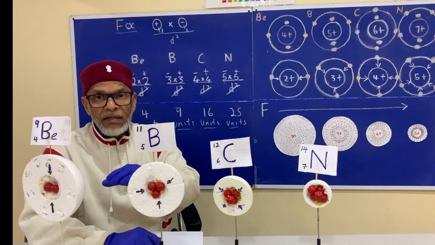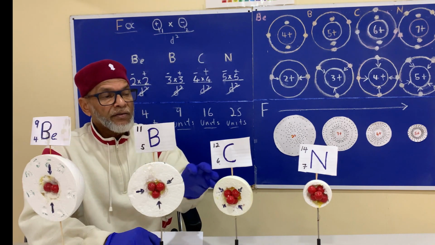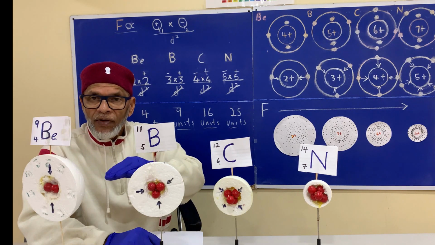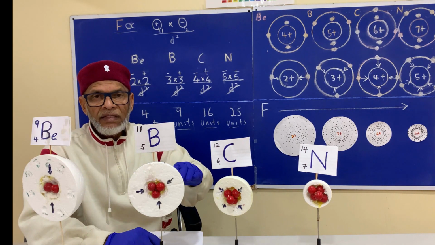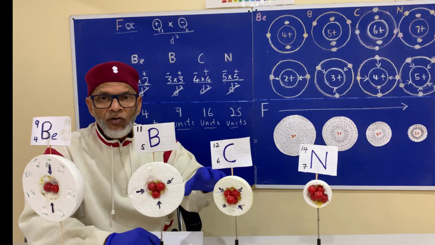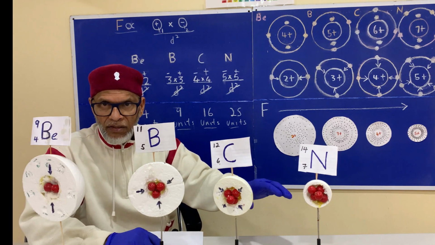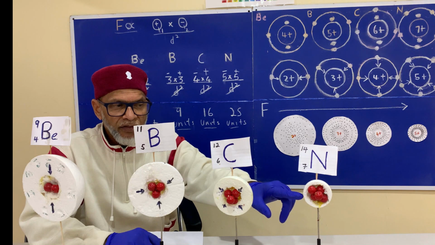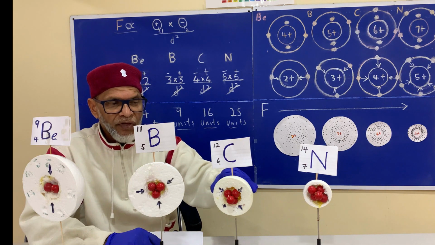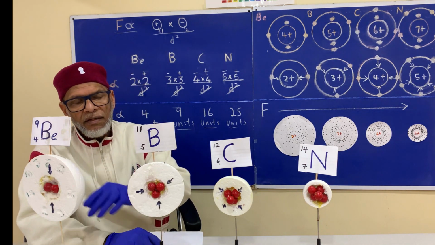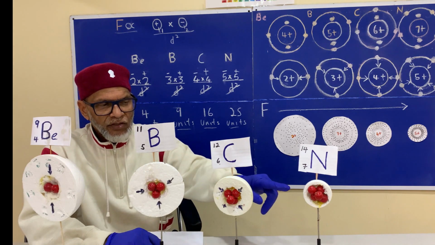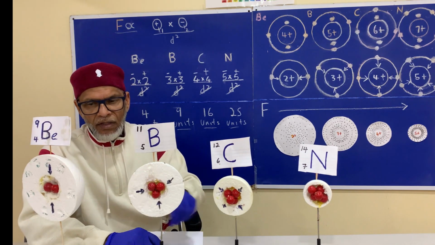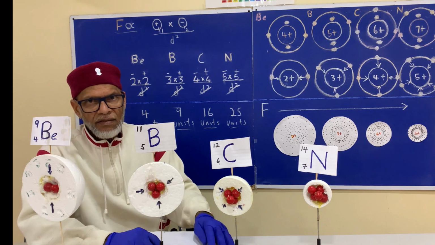And not only that, you can see the atomic radii are also getting smaller and smaller. Therefore, as you move from left to right, the outer electron is held stronger and stronger. So in this case, it will be held most strongly by nitrogen, and that's why nitrogen will have the greatest ionization energy, and this one here will have the least ionization energy.